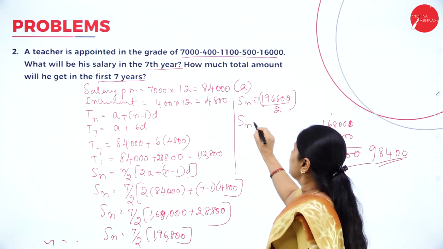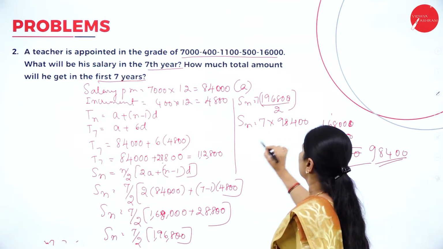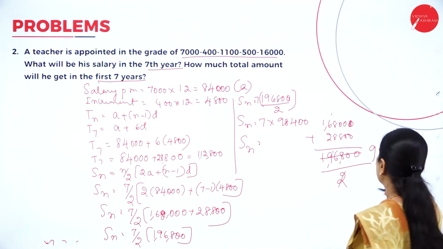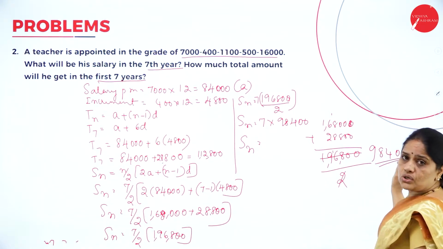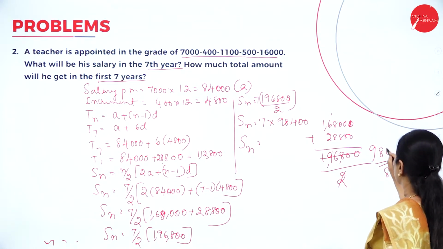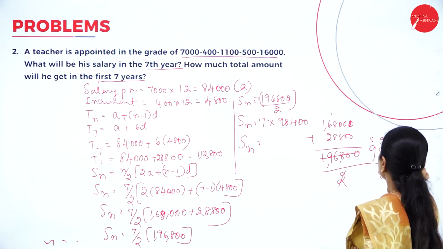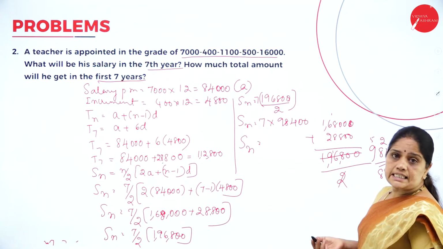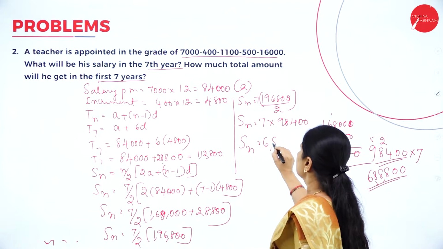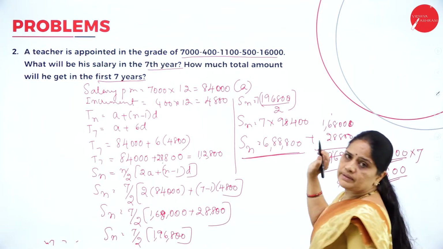So Sn will be equal to 7 into 98,400. So it comes up to 7 zeros are 0, 7 zeros are 0, 7 4s are 28, 8 2, 7 8s are 56, 57, 58, 8, 5, 7 9s are 63, 63 plus 5 is 68. So 6,88,800 is the answer.